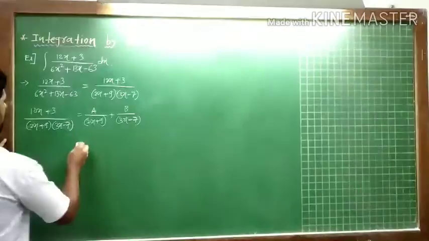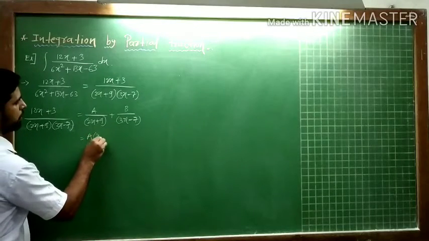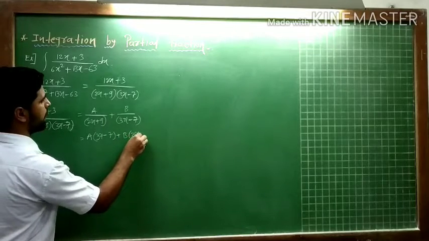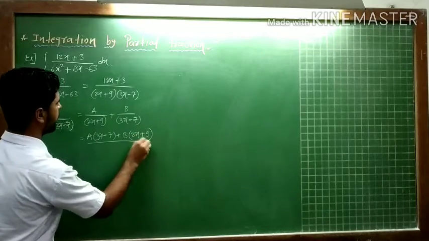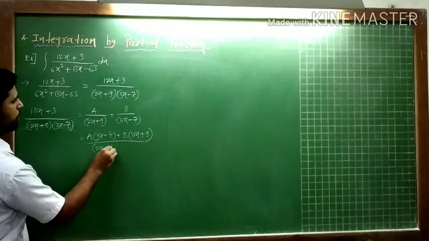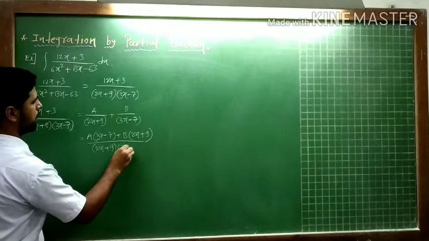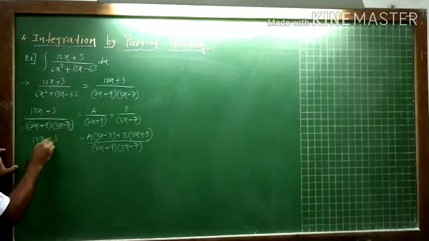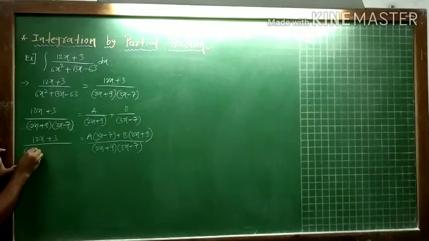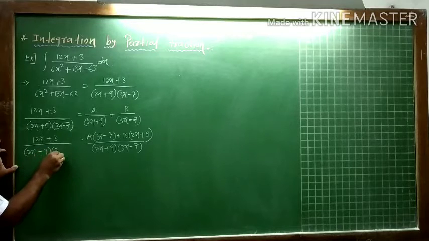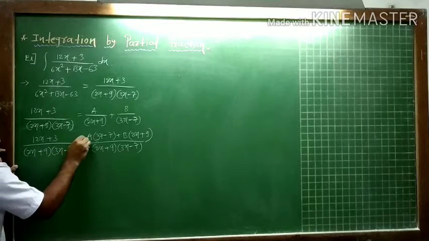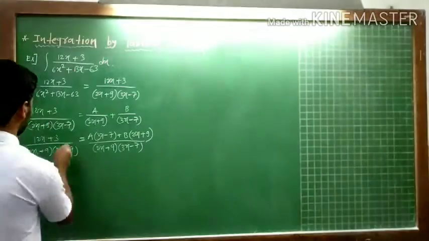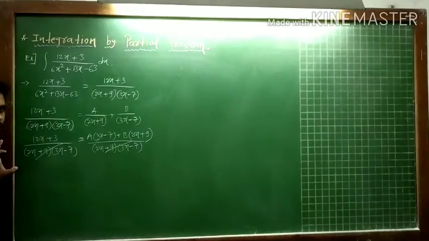So what we will do? We will simply take cross multiplication on the right side: A into (3x − 7) plus B into (2x + 9), and the total is divided by (2x + 9)(3x − 7), and the left side is (12x + 3) divided by (2x + 9)(3x − 7). Now the denominators are the same, so we can cancel them directly.